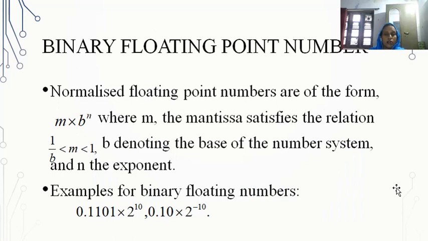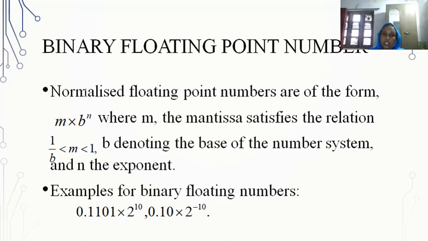Now, we have to think about binary floating point numbers. In our previous slide, we discussed floating point numbers in the context of the decimal system. Now, we can extend this concept to all number systems and especially to the binary number system.